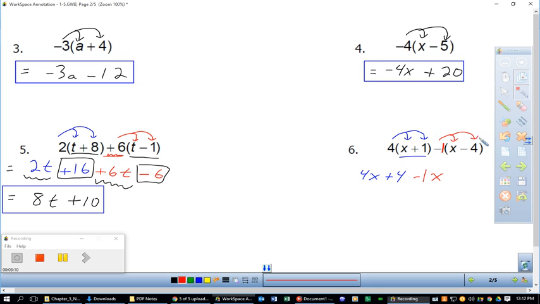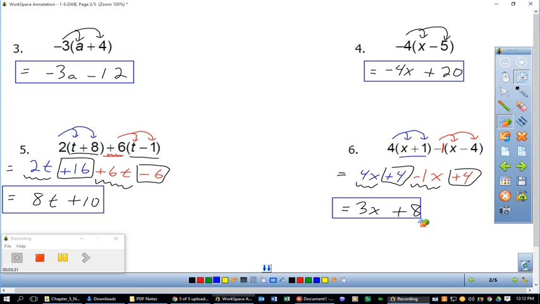Negative 1 times a negative 4 is a positive 4. Okay. So, combining like terms, we have 4x minus 1x, so that's 3x. We have plus 4 and a plus 4 for a grand total of plus 8. And that is our final answer there.